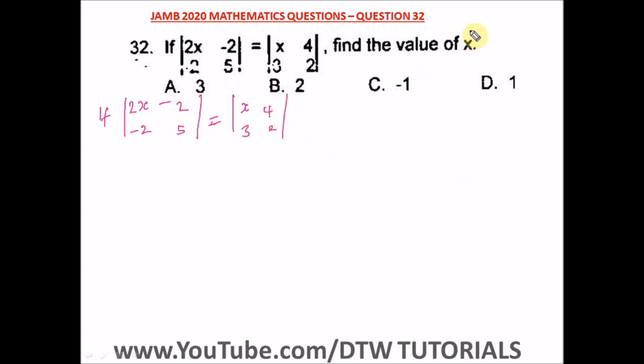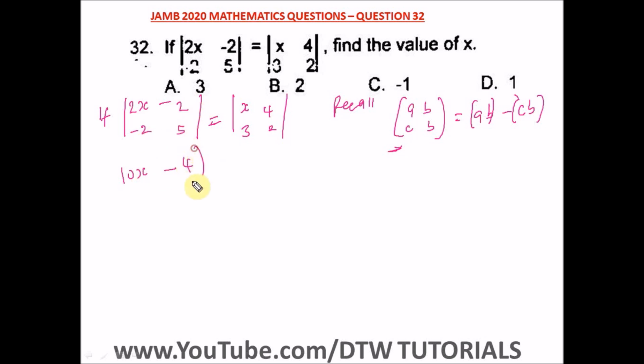Find x. Don't forget, I always like to recall that a, b, c, d is equal to ad minus bc. So working based on this guide, we have 5 times 2x, 10x, minus 2 times minus 2 is 4, equals 2 times x is 2x minus 3 times 4, 12.